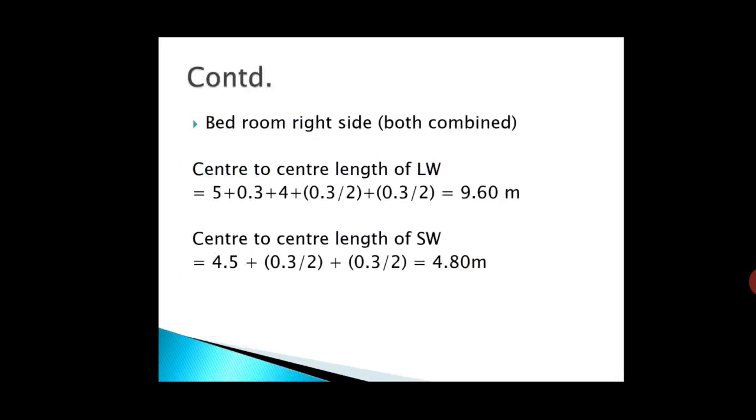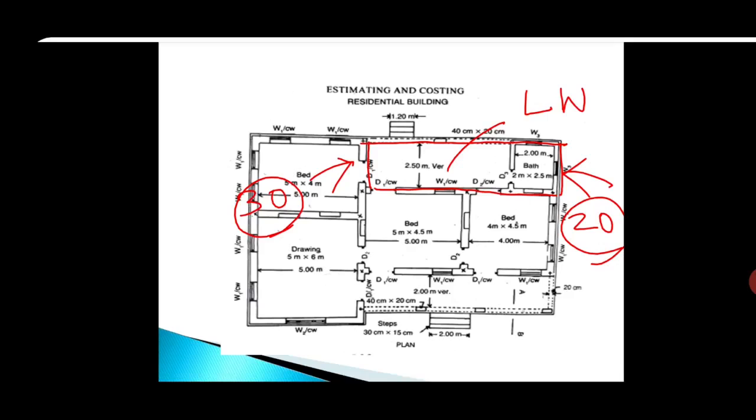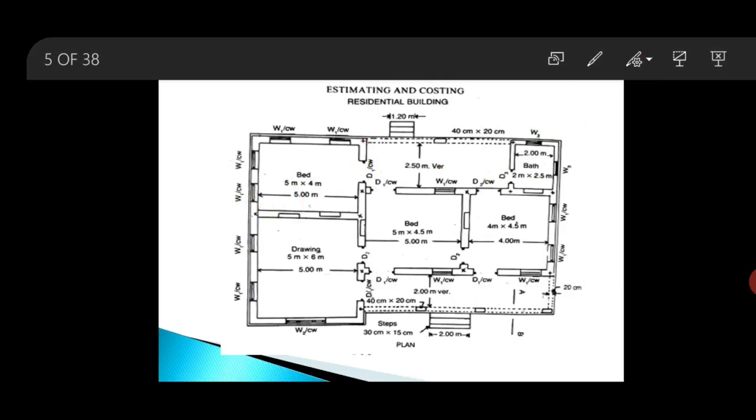So, see, the short wall is here. These two are the short wall, and these two short walls are connected to a 30 centimeter wall on one side and 20 centimeter wall on another side.